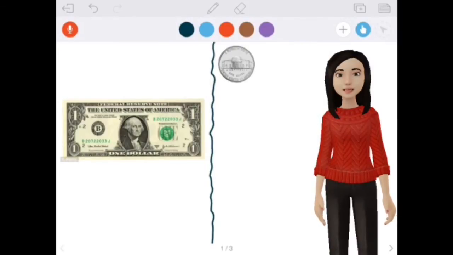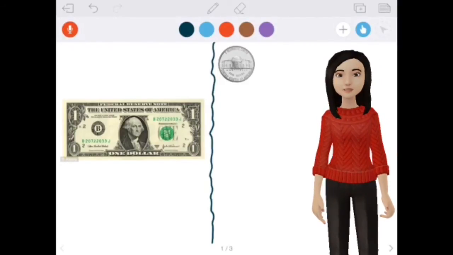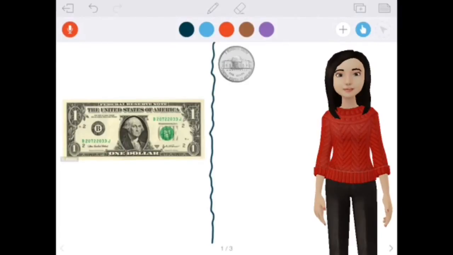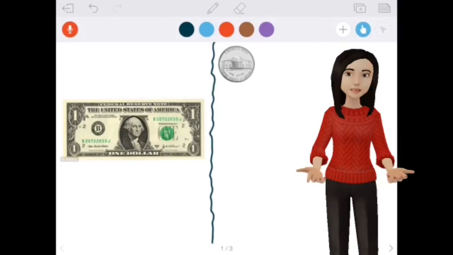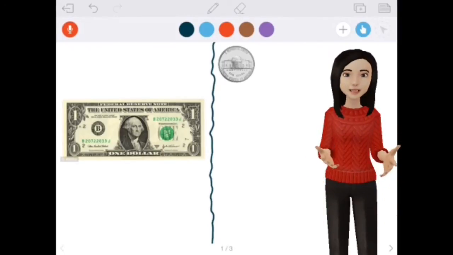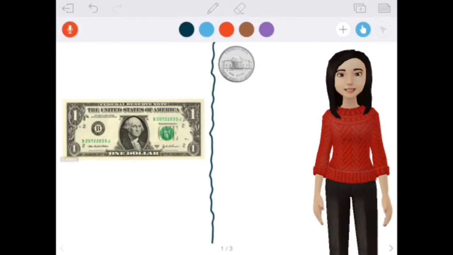How many nickels make 100 cents or $1? Let's take a look. Right now, I have 1 nickel on the right side of the screen. I still have $1 or 100 cents on the left side.